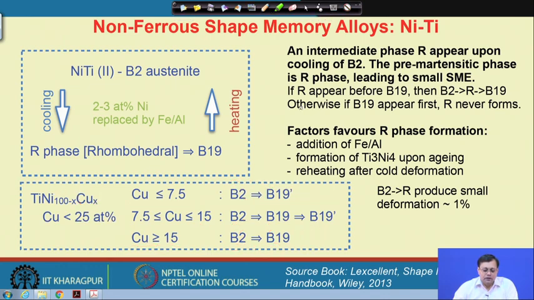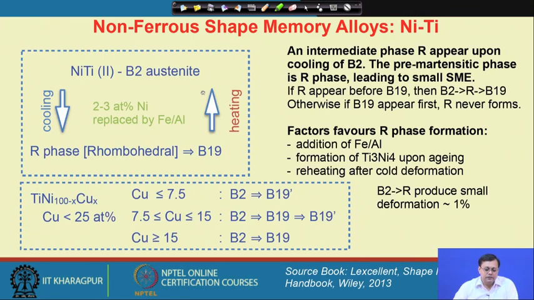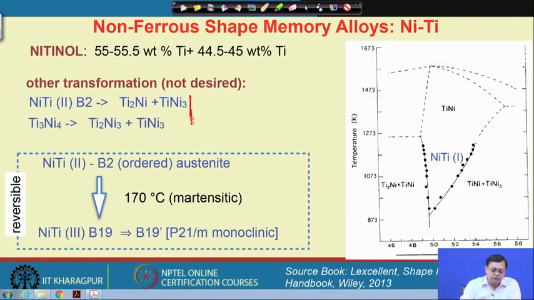Here, the titanium 2 nickel type of phase, or titanium nickel 3 type of phase, or let us say the titanium 2 and 3 type of phase, or 3-4 phase. These are competitive phases that evolve with the nickel titanium phases.